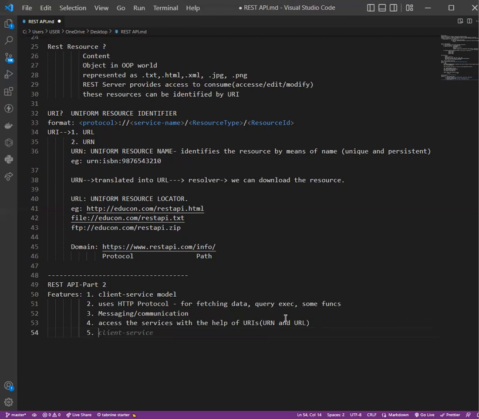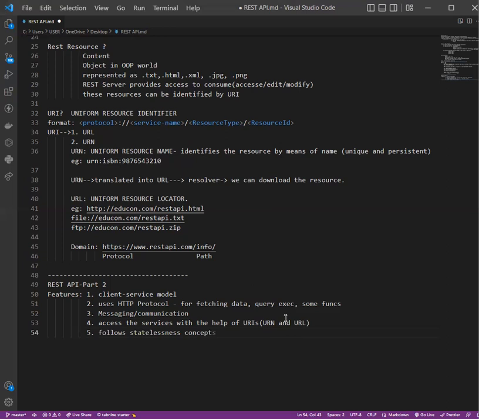So point five is that it mainly follows the statelessness concept. Here, the client requests and responses are not dependent on others.